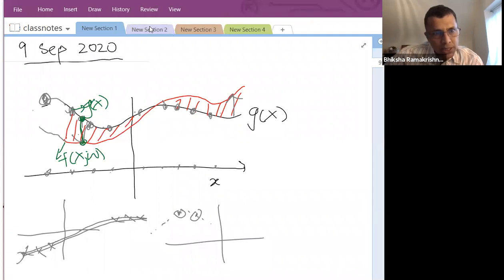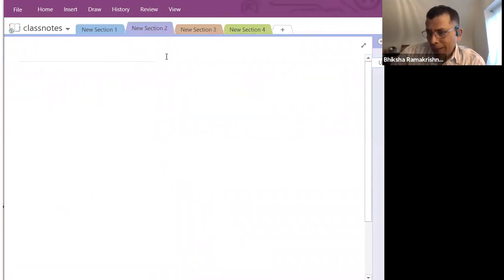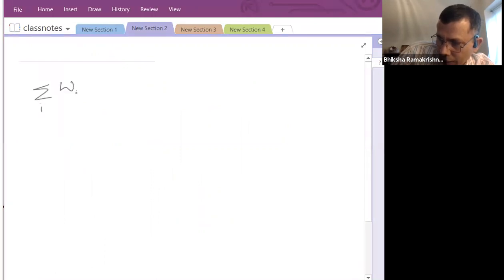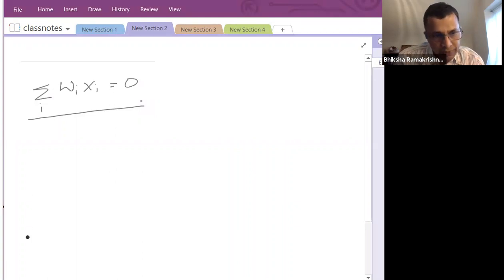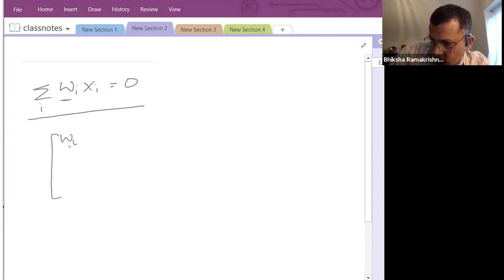Let me get a new section here. Now, when I have an equation of this kind, summation over i of w_i x_i equals 0, this is the equation for the hyperplane that separates the positive and the negative class, right? Now, I can take all of these w_i's and write them into a vector.